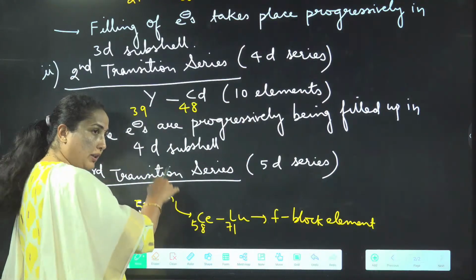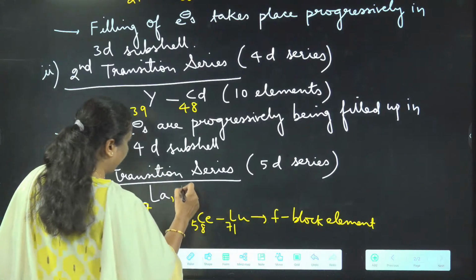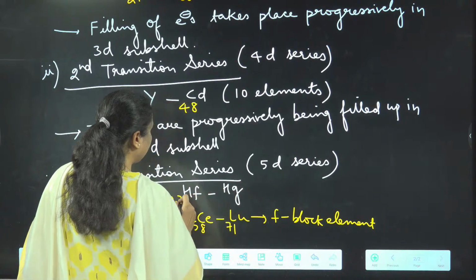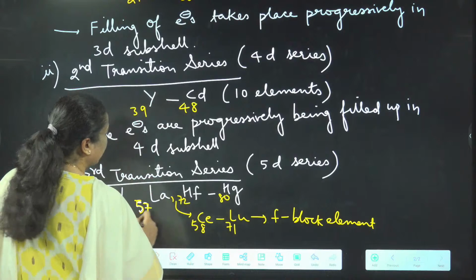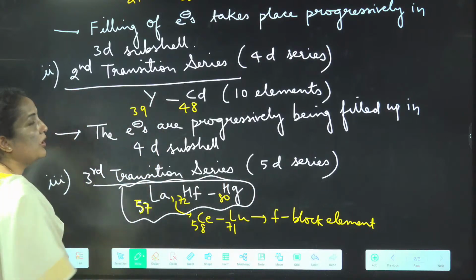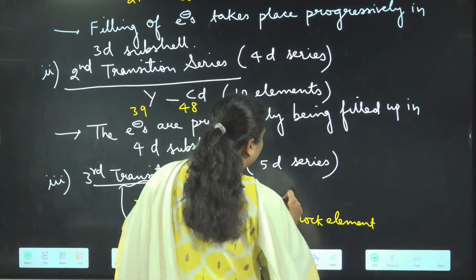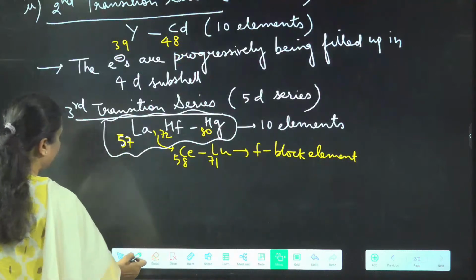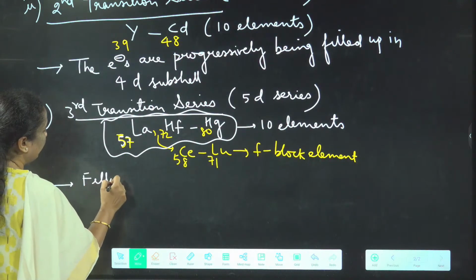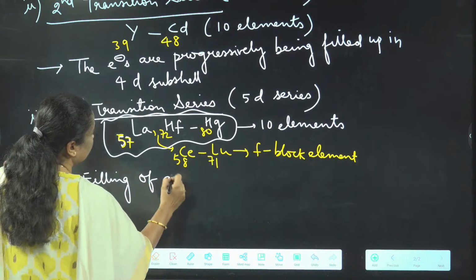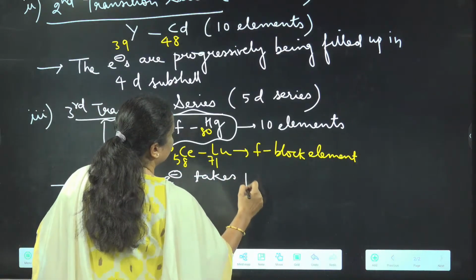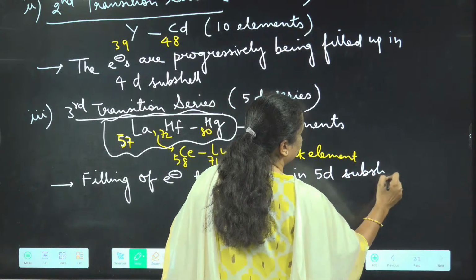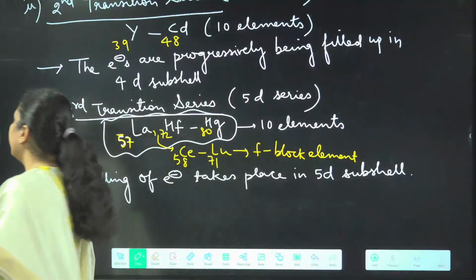So after lanthanum, there are 14 elements which are F block elements, and after that again it is hafnium to mercury. Hafnium is 72, mercury is 80. So you just have to focus on this when we are talking about 5D series elements, and these are 10 elements which belong to this 5D series. Now here again I can write that filling of electrons takes place in 5D subshell.